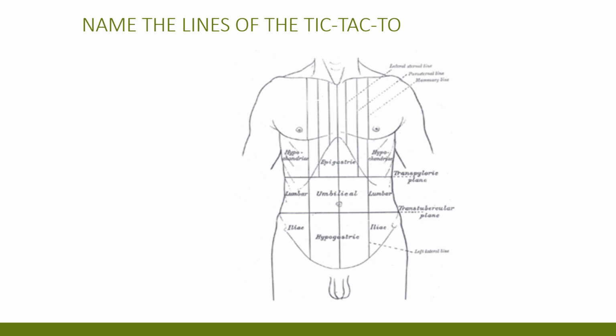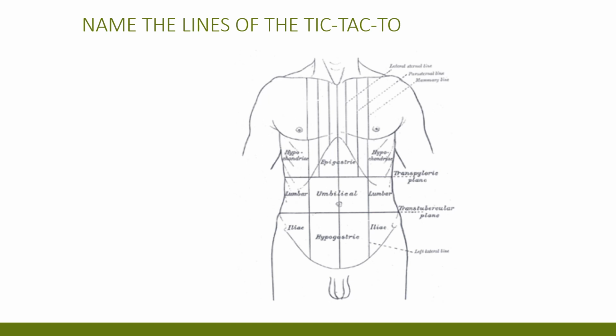They're calling it the mammary line. Mid-clavicular or mammary is fine. And then you have two of them, one on either side. And then going across transversely or horizontally is the transpyloric line or plane.